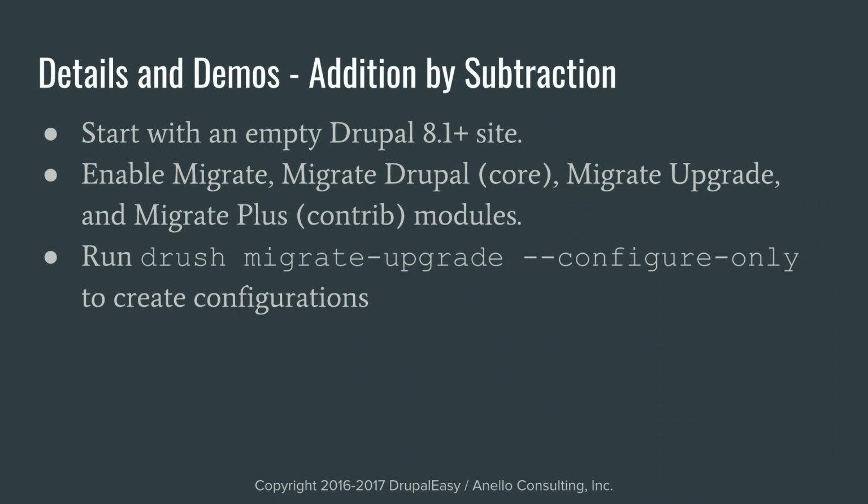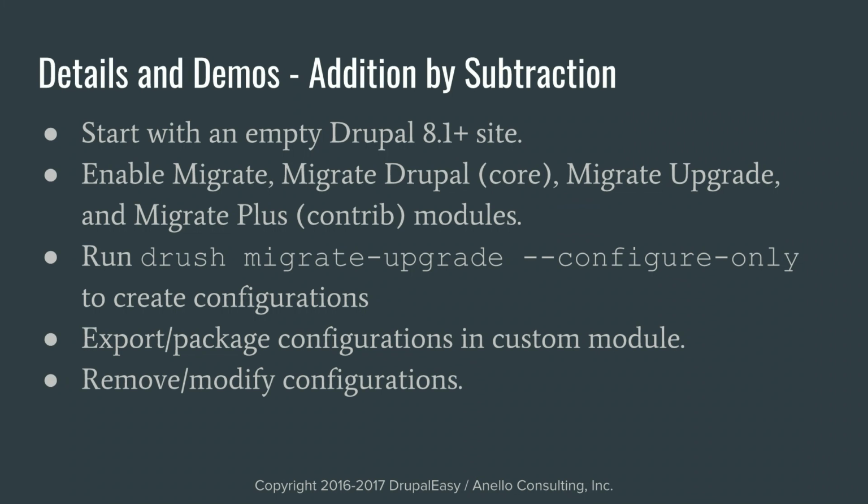So you're saying, okay, drush, run migrate upgrade, I'm pointing at my D6 site, but don't run it, just create those configurations only. That way I can export those configurations and stick them in a custom module, not unlike what I'm going to show you in a few minutes. And this is where you start deleting migrations at your own risk and modifying things before you run it.